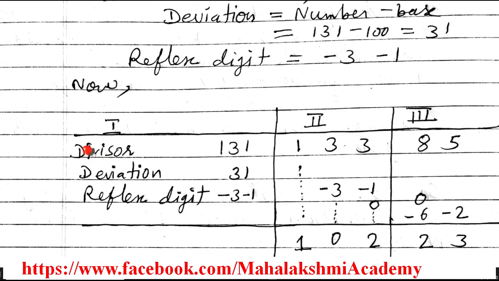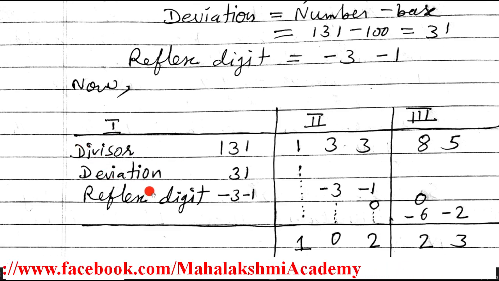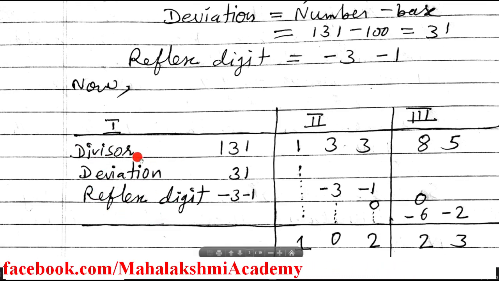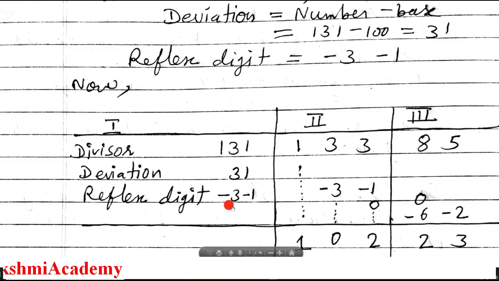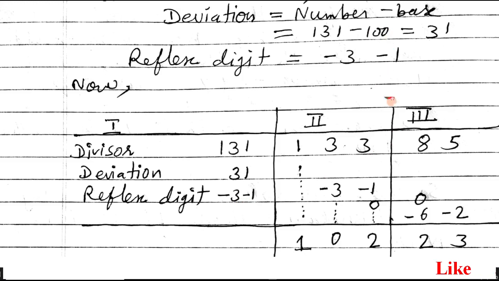In the first section the divisor, then the deviation, then the reflex digit. The divisor is 131, from there we get the deviation as 31, and from the deviation we obtain the reflex digit as minus 3 and minus 1. Now here in the base we have 2 zeros, so from the dividend 2 numbers from the back will enter in the third section, and all the remaining will enter in the second section.